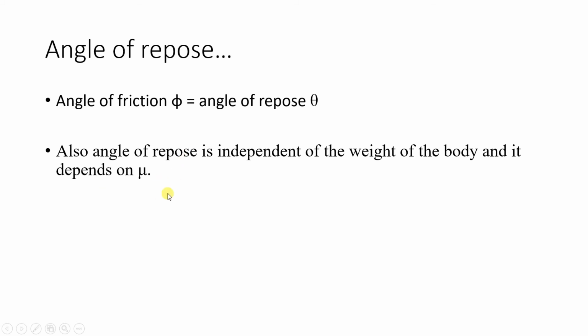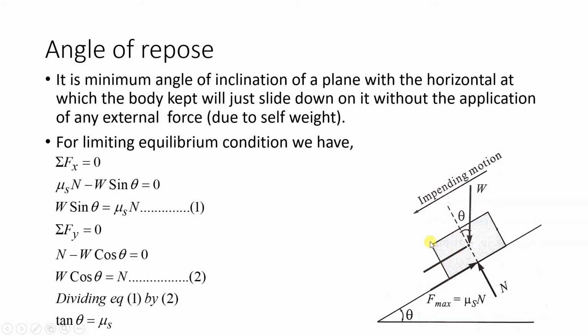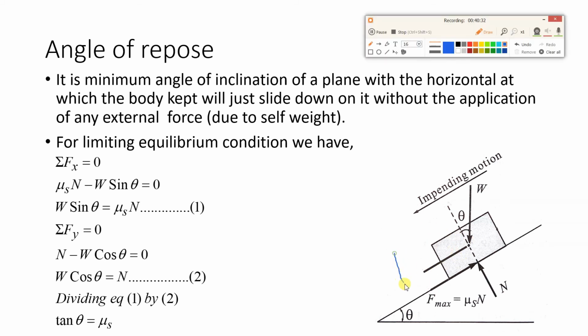Now from here we can understand that the angle of repose is independent of the weight of the body and depends on mu only. In the experiment, there will be a tray on the inclined plane, and in this tray we will add weights. Even if you change the weight, the angle of repose will remain the same for the contacting surfaces.